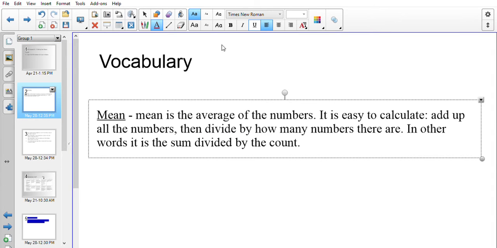So, our vocabulary for today is just one word, and that word is mean. Mean doesn't mean grumpy or angry. Mean is the average of the numbers. It is easy to calculate. Add up all the numbers in a data set, then divide by how many numbers there are. In other words, it is the sum divided by the count.